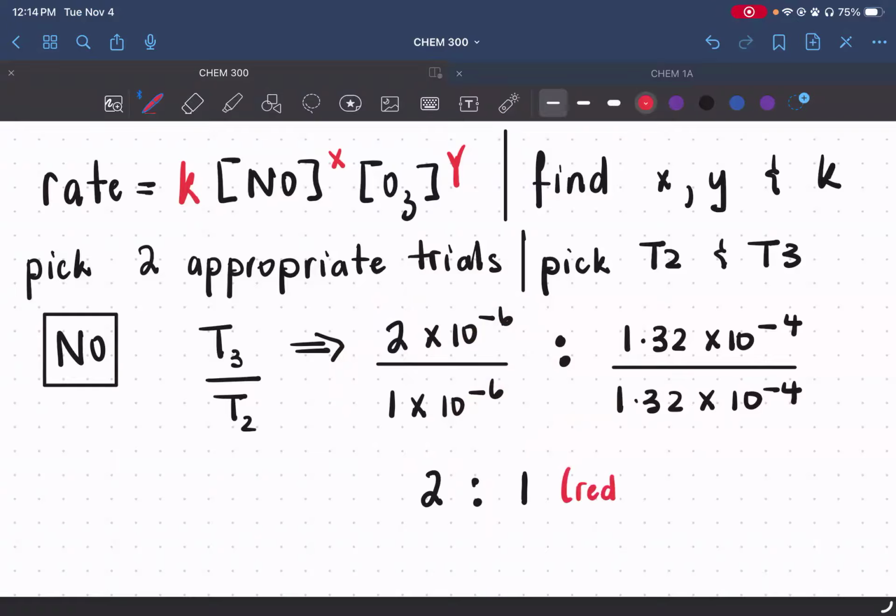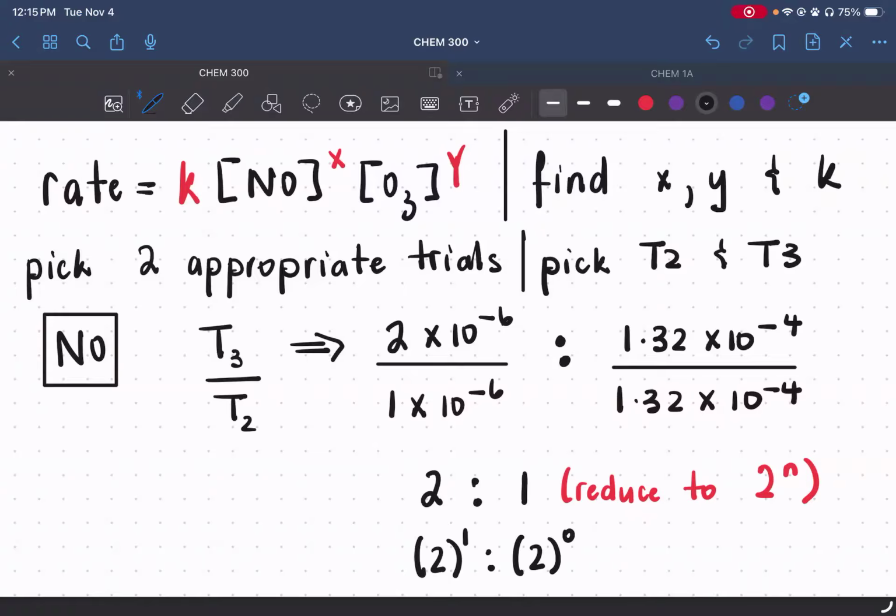We are now going to reduce this ratio to 2 to the n, 2 to some power. 2 is equal to 2 to the 1. And 1 is equal to 2 to the 0. Remember, anything raised to 0 is 1.